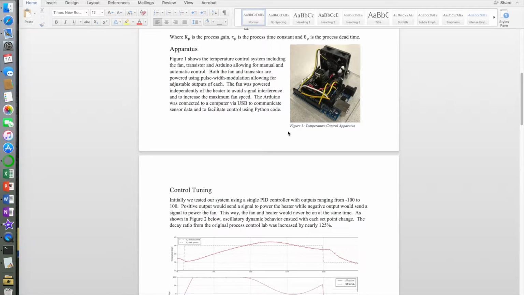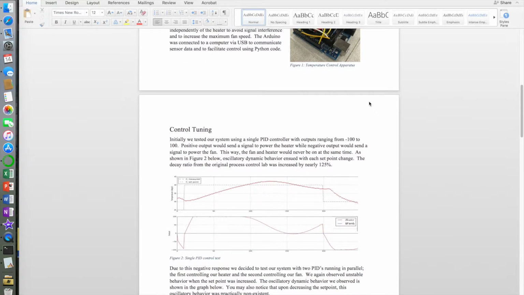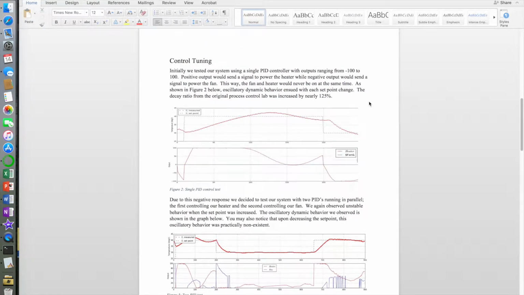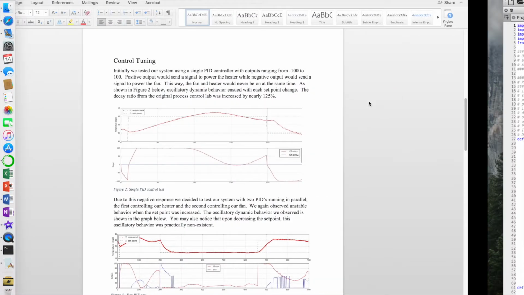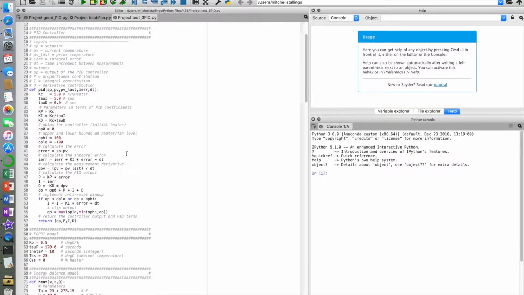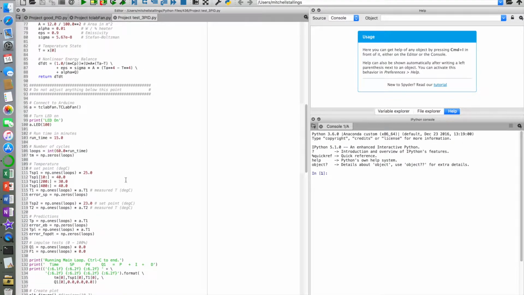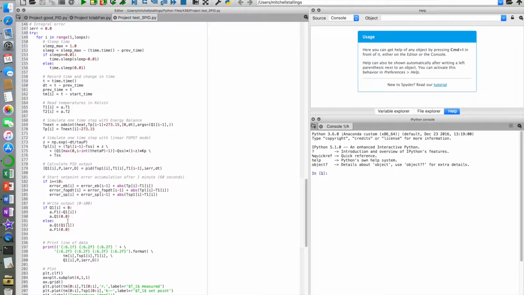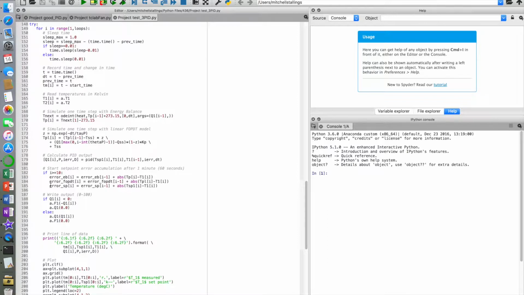Tom already talked about our apparatus, and essentially using the fan and the heater in sync, we were able to control the temperature. The first thing that we did with the Python code that we had from our original control lab, we stuck in some constraints here, right in the for loop. Basically, we extended the outputs from 100 to negative 100.